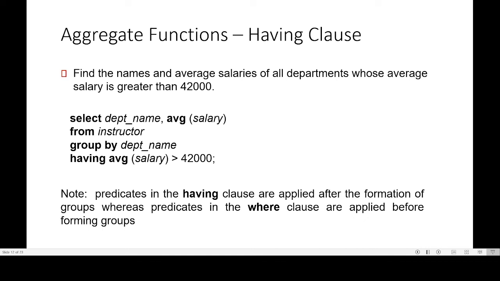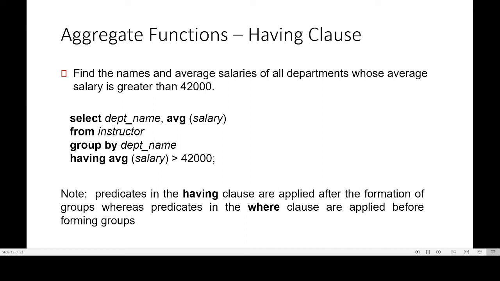One more thing you need to note is that the predicates in the having clause are applied after the formation of groups. Here you can see we are forming the group, and then we use the having clause, whereas predicates in the where clause are applied before forming groups.